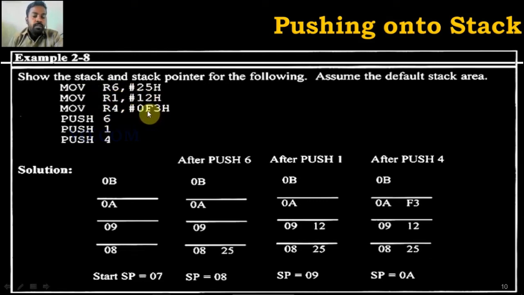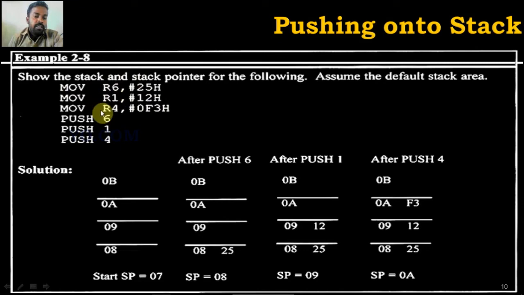Before a hex value starting with an alphabet, we must add 0, so F3 is 0F3. Then PUSH 6, PUSH 1, PUSH 4. 6, 1, 4 represent these registers.